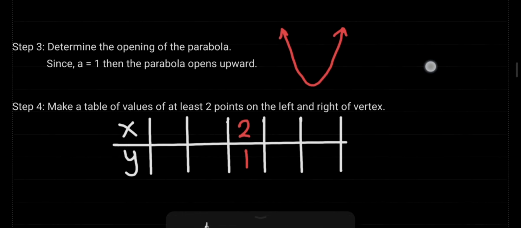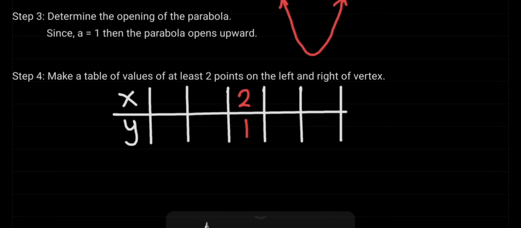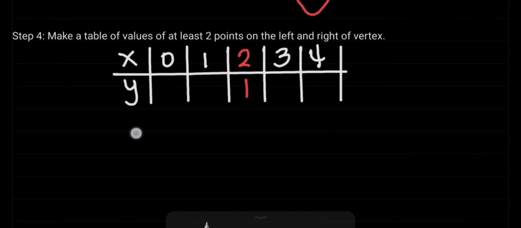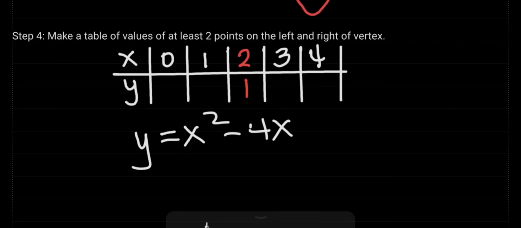And for step 4, make a table of values of at least 2 points on the left and 2 points to the right. So we will write here 1 and 0, then 3 and 4. Then we will write here the given quadratic function x squared minus 4x plus 5.